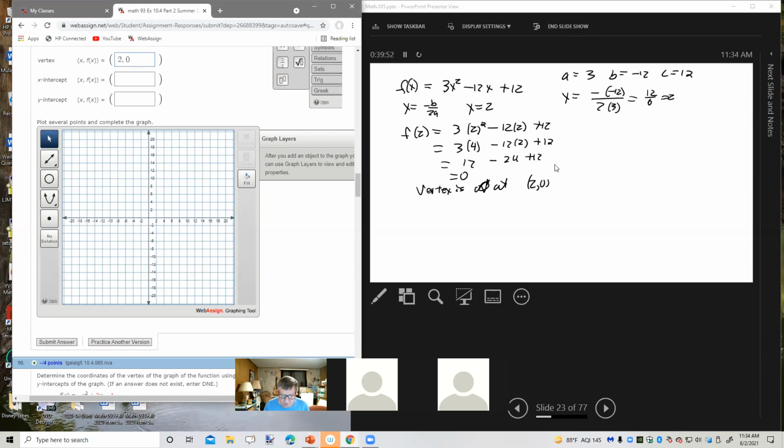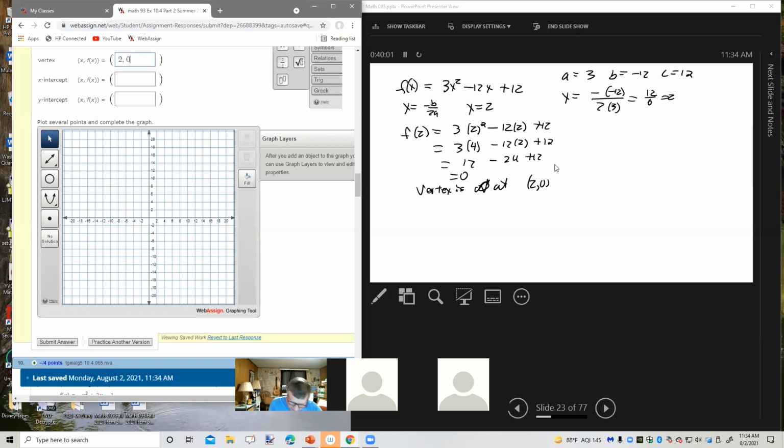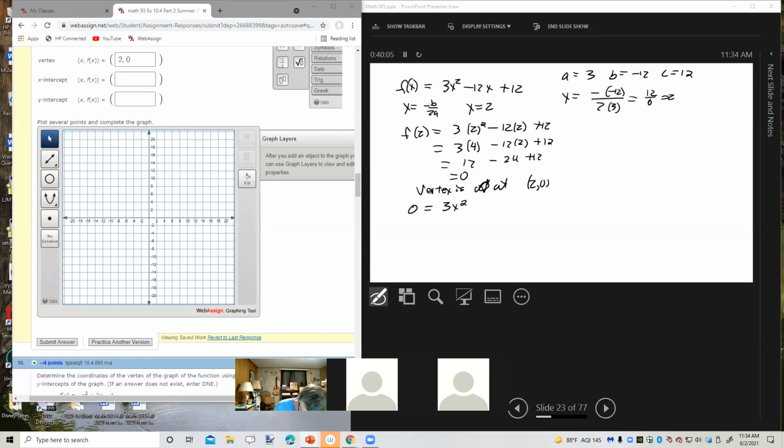Now, we're supposed to find the x and y intercepts. How do you find x-intercepts? Set y equal to 0. So 0 equals 3x squared minus 12x plus 12. Okay. So we're going to use the quadratic formula to find the x-intercepts.